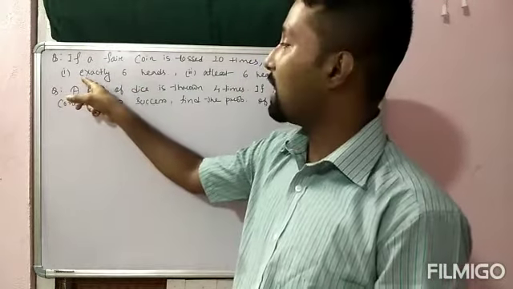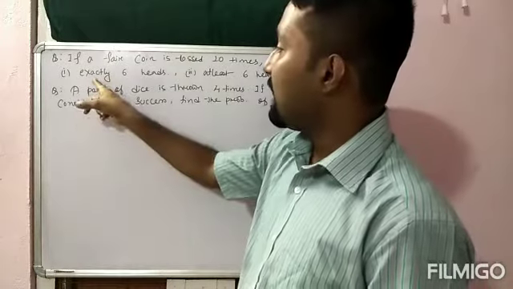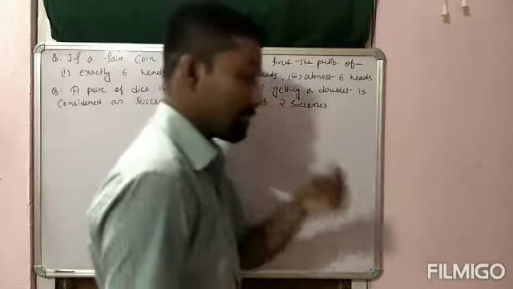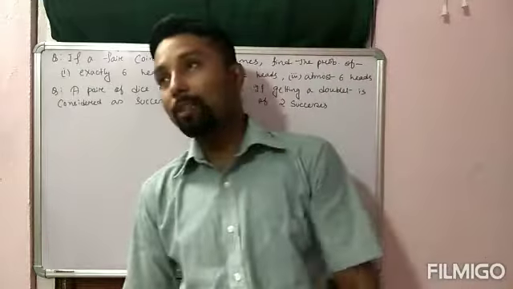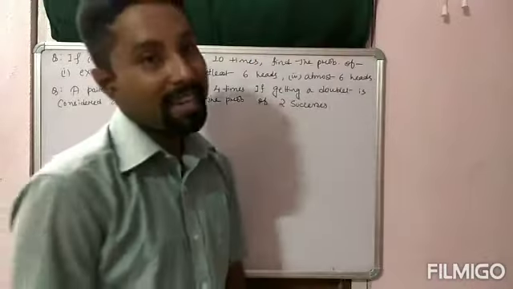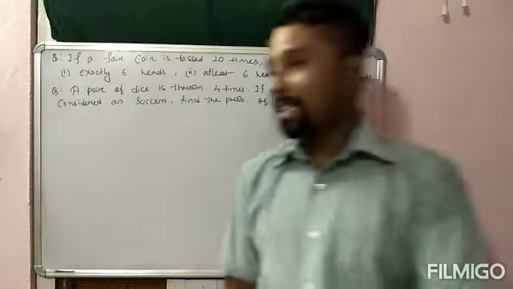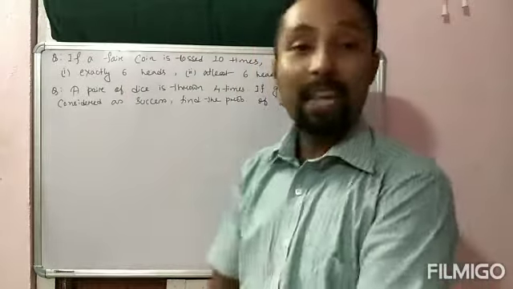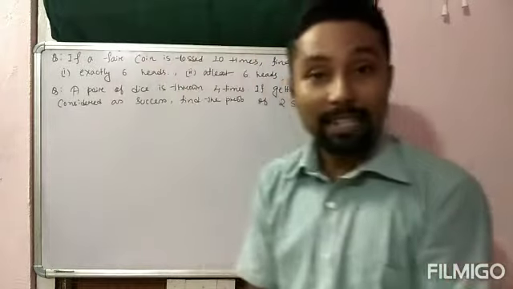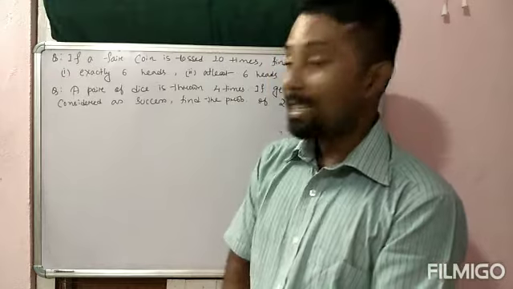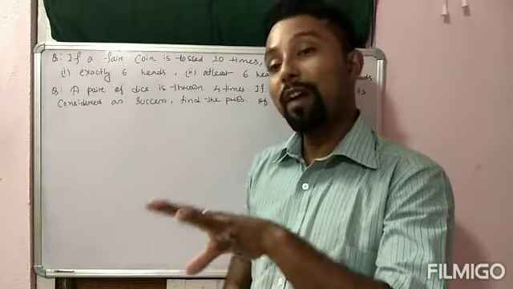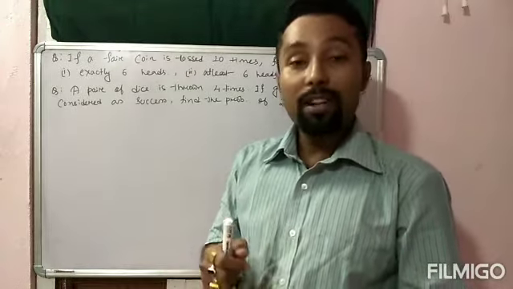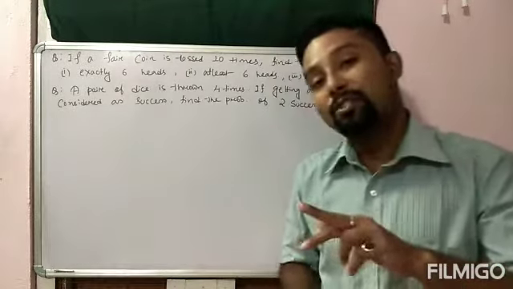There are 3 parts of this question, so let us discuss the first part only, exactly 6 heads. Since a fair coin is tossed 10 times, one toss or two tosses would be fine, but here it is tossed 10 times. And here the question asks about getting exactly 6 heads. Nothing is said about tails, so that means tails you have to consider as failure, and the success part is head, because here you are asked to find getting exactly 6 heads. What you have to find out will be the success part, and its opposite will be the failure. A coin has only 2 faces, head and tail.